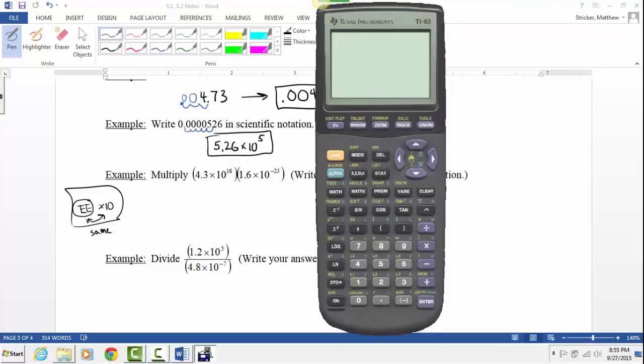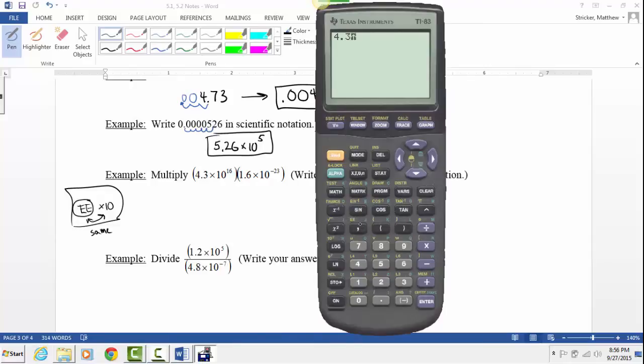So when I'm putting it in my calculator, if I want to multiply 4.3 times 10 to the 6 times 1.6 times 10 to the negative 23, I'm just going to type this. I'm going to go 4.3 and then EE. That's right above this comma button, and it's in yellow. Because it's in yellow, I have to hit second first.